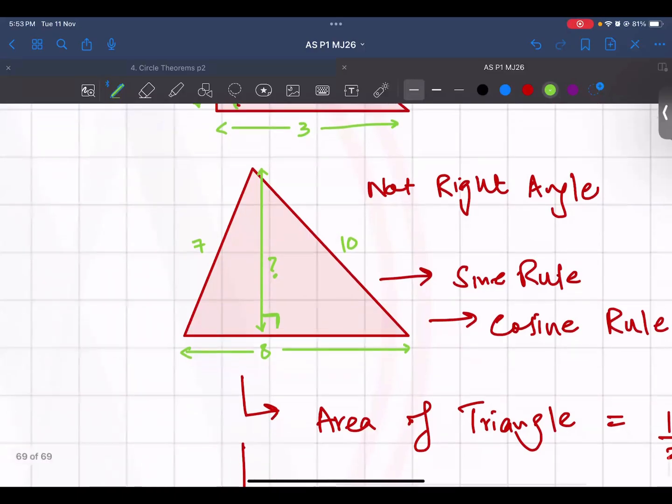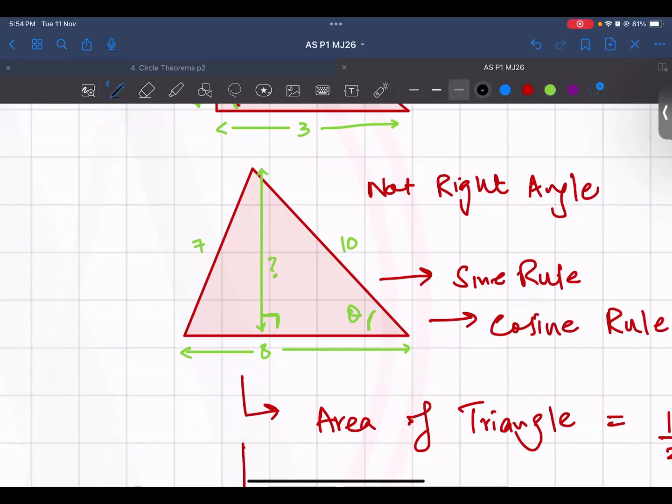For this kind of triangle, they may have given you a theta value, and then you can use half AB sine C. Now in this type of triangle, if you don't know the base and the height, then you use this half AB sine C. And how does this work?